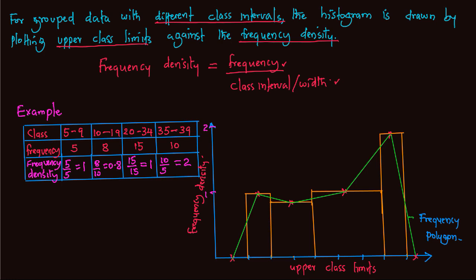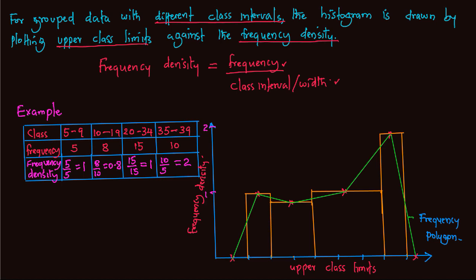Consider the table below. In the table, we have the class 5 to 9, 10 to 19, 20 to 34, 35 to 39. And we have the frequencies for each class, 5, 8, 15, and 10.